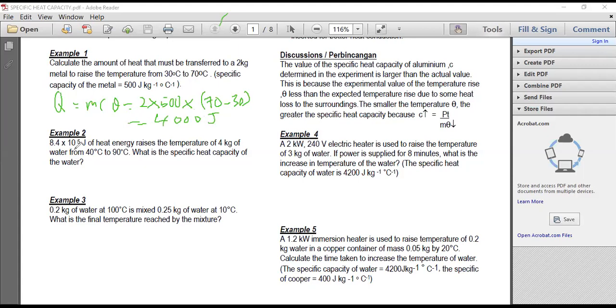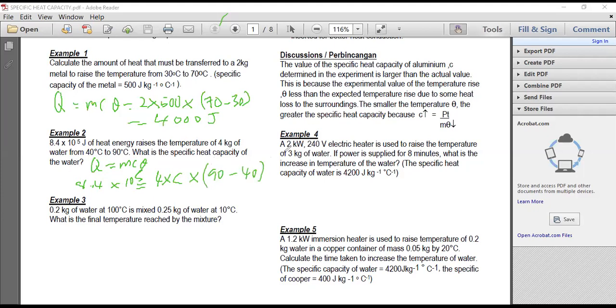Next, 8.4 times 10 to the power of 5 joule of heat energy raises the temperature of 4 kilogram of water from 40 to 90. So what is the specific heat capacity? So use the formula Q equals mc theta. So Q will be 8.4 times 10 to the power of 5, the mass will be 4, specific heat capacity we don't know, and your theta will be 90 minus 40.